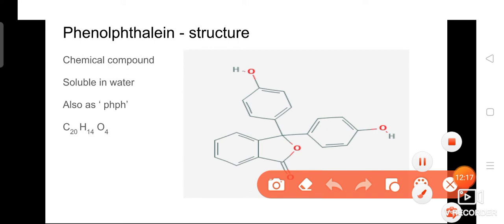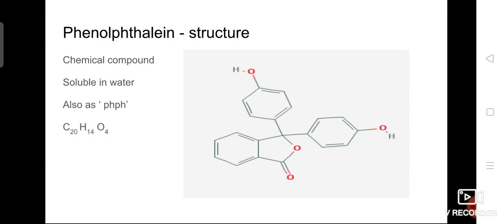As we count here, 1, 2, 3, 4, 5, 6, up to 20. It's clear, okay? 20 carbon. Like that, how many hydrogens are there? 14 hydrogens. So this is the structure and this is the formula.